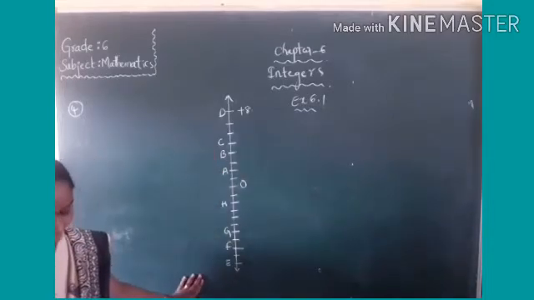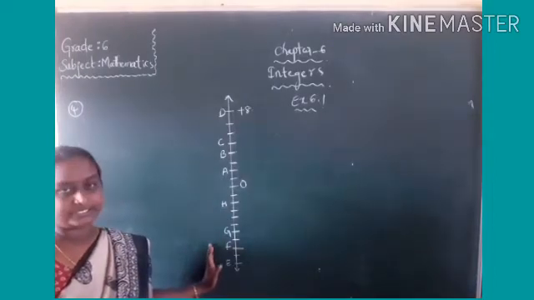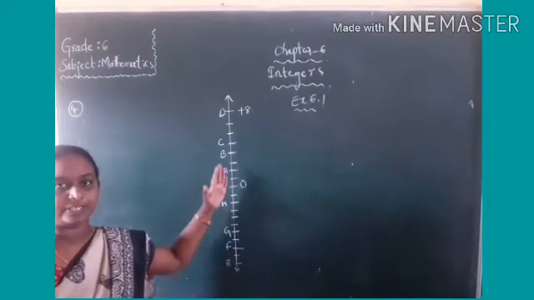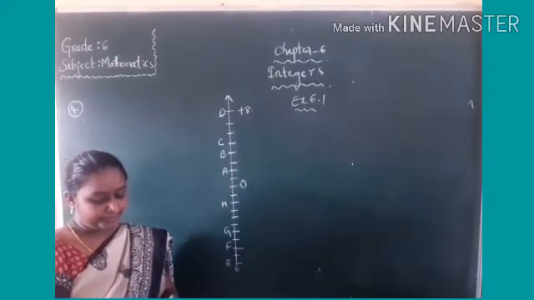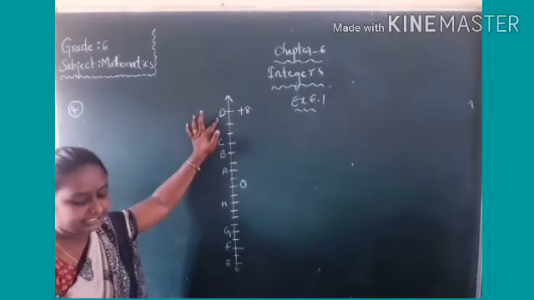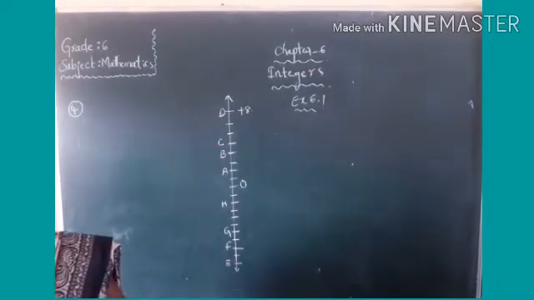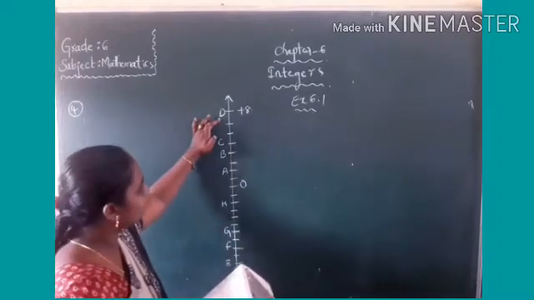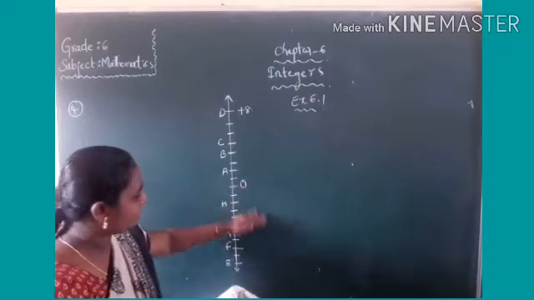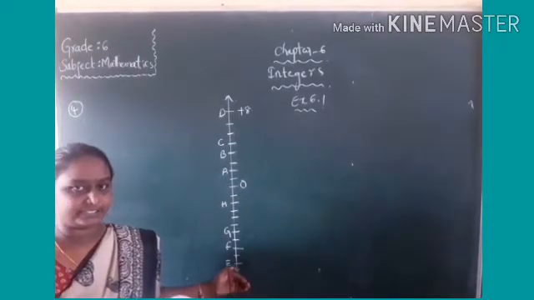So it is a vertical number line, represented by integers. We have to locate the following points. First one, if point D is plus 8, then which point is minus 8? Here 0, and below 0 are the negative integers you have learnt.